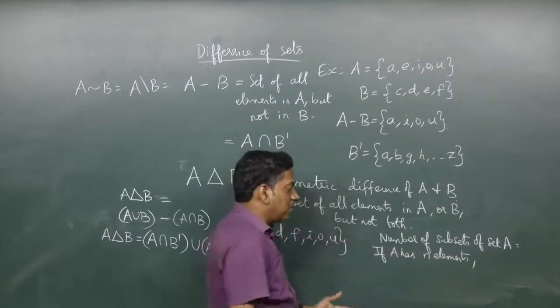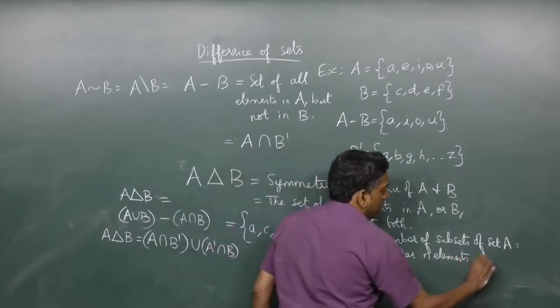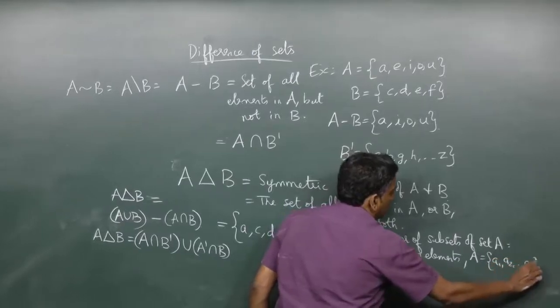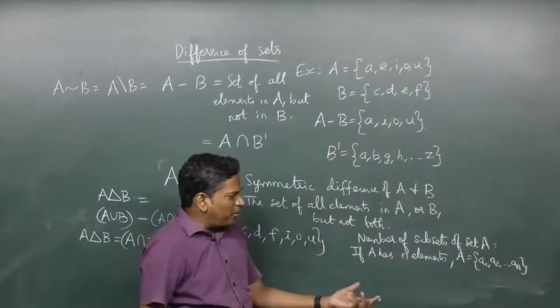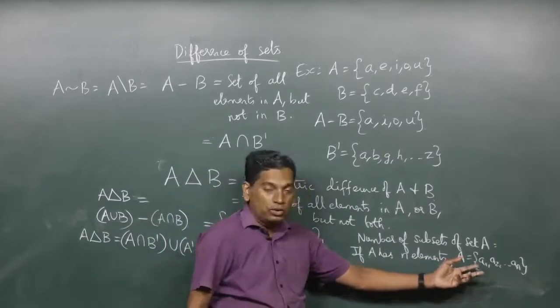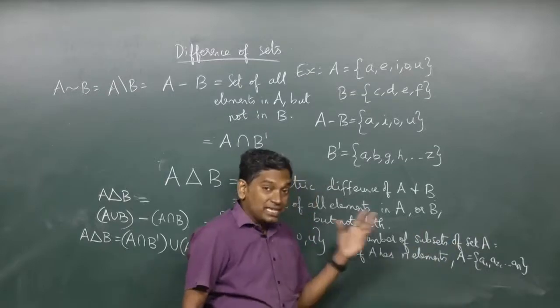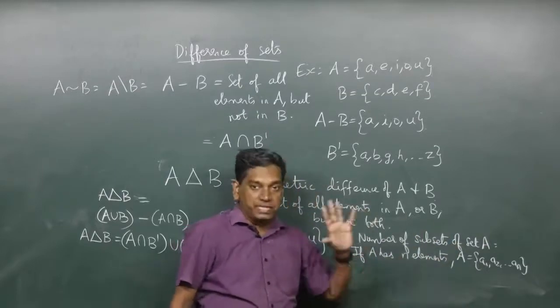Think about A1 to AN. A is A1, A2 till AN. Now there are many possible subsets. You can start with A1 alone, A1, A2, A5 alone, A3, A4 alone, just the null set. All of these are subsets.